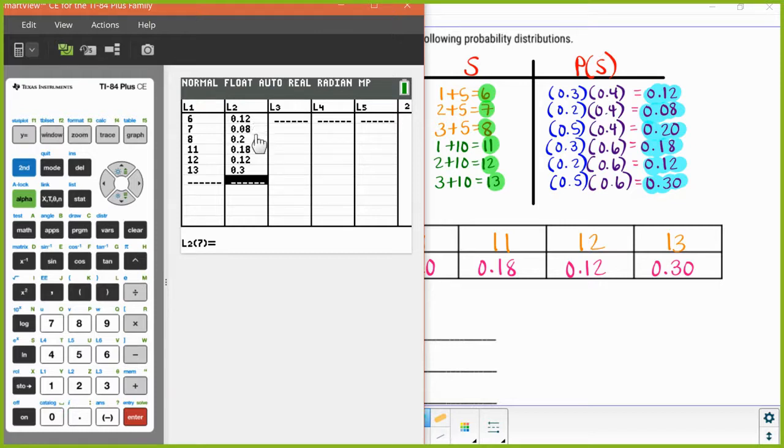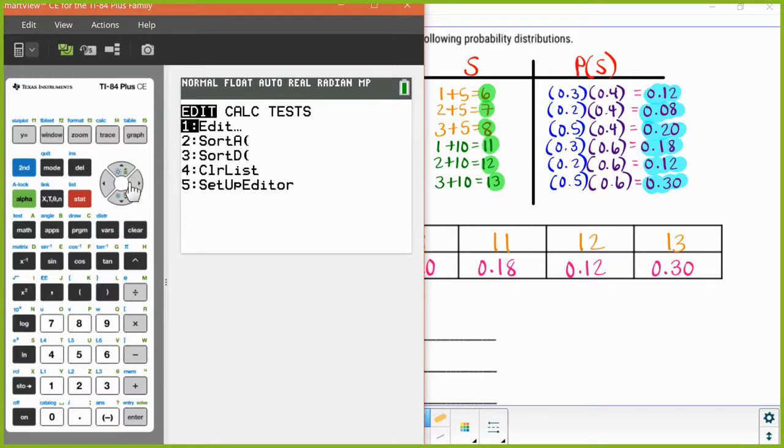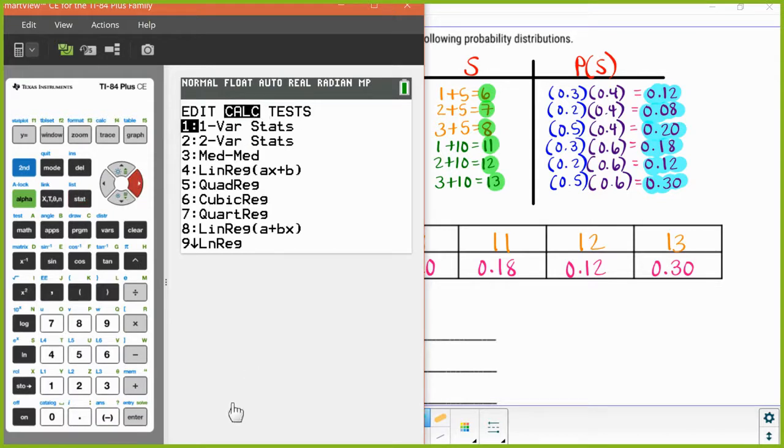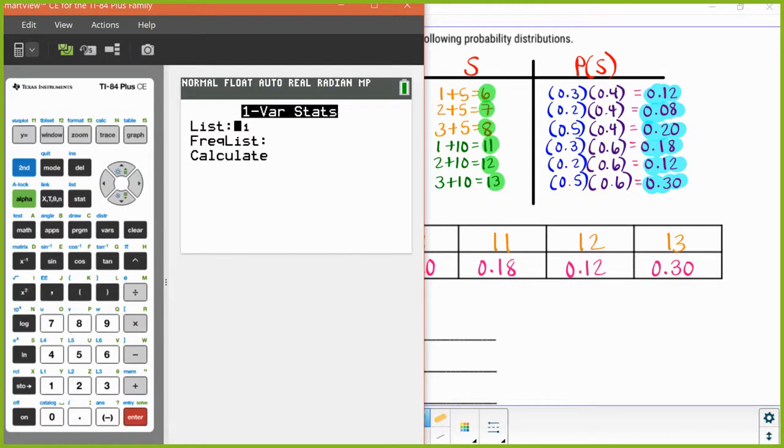So I'm double checking my data really quick. Now I'm going to go to stat, over to calc, to one var stats, and I want to have a list of L1 and a frequency list of L2. So I'm going to go to second, number 2, and calculate. Then I get my expected value.